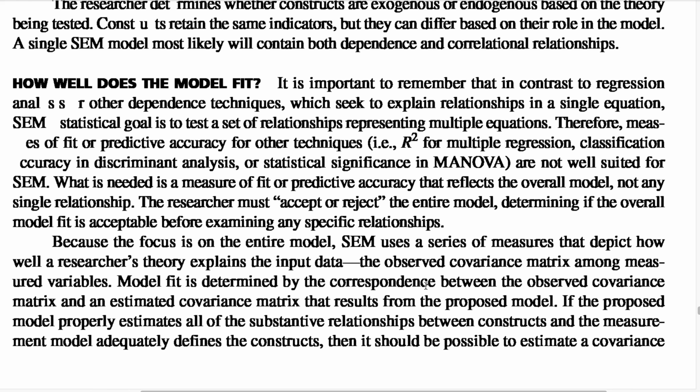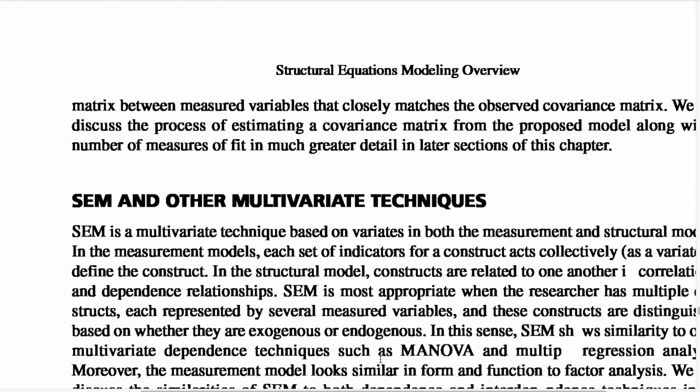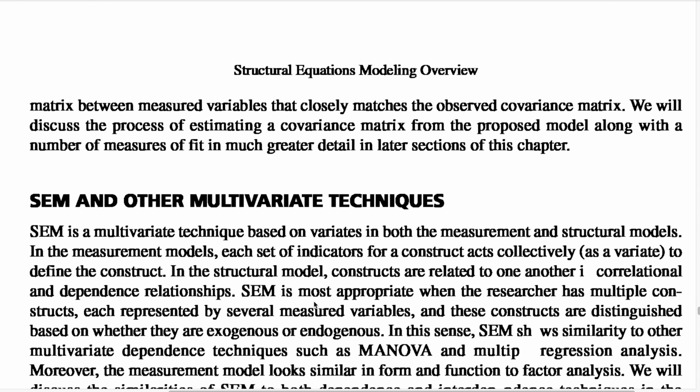If the proposed model properly estimated all of the substantive relationships between constructs, and the measurement model adequately defined the constructs, then it should be possible to estimate a covariance matrix between measurement variables that closely matches the observed covariance matrix. We will discuss the process of estimating a covariance matrix from the proposed model, along with the number of measures of fit, in much greater detail in a later section in this chapter.